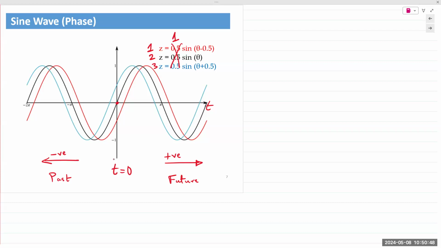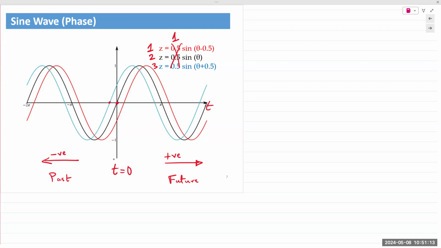So if you look at waveform number 3, the one in blue, waveform number 3 has already crossed the x-axis, -1 or -2 as the case may be. Let's just say it's -1, for instance. Right? It's already crossed the x-axis.